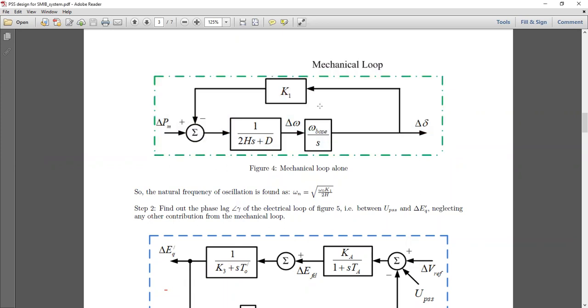Other than D, everything else will be there. So then what you will have is a negative feedback loop, with the forward transfer function being this one, and this is the negative path transfer function.